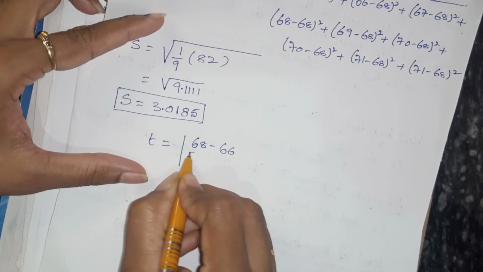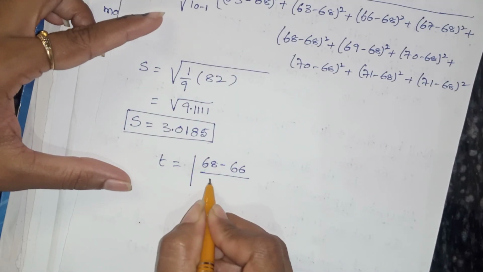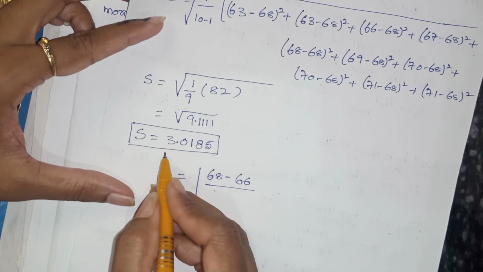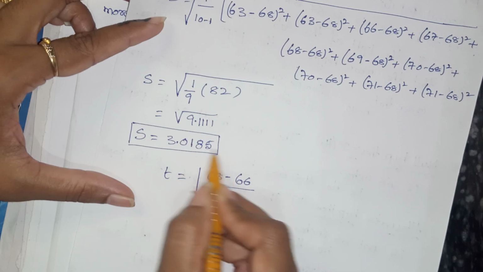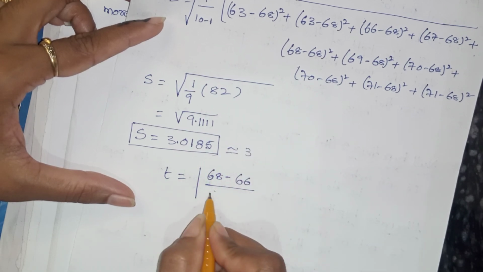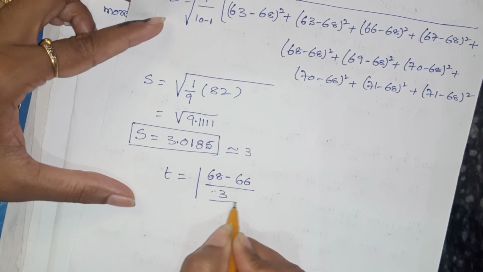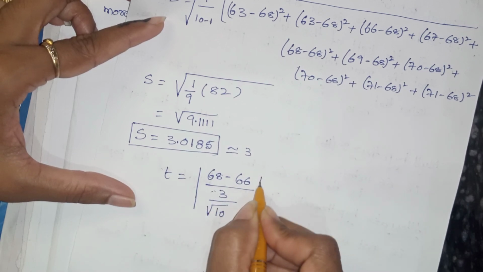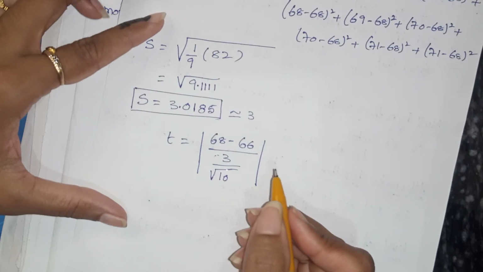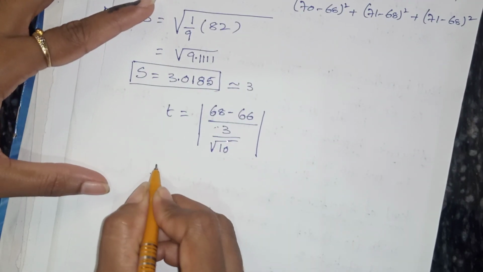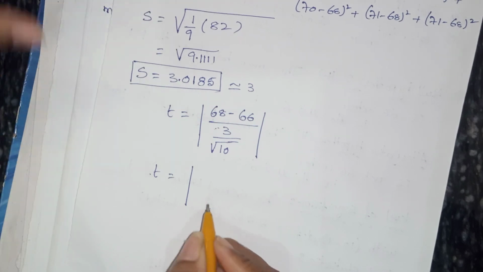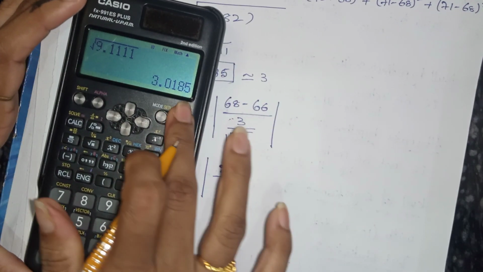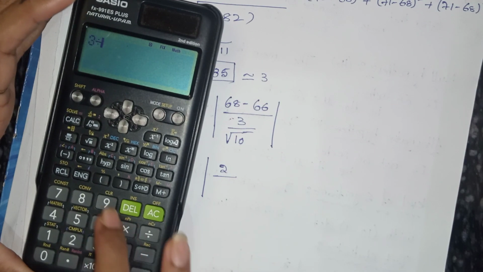So 66 by s, in the sense what? 3. 3 we can write, or else 3.0185 you can write, or else this is similarly equal to 3 we can write. So 3 by root n. What is root n in the sense? 10. So t equals to, we'll say 68 minus 66 is nothing but 2, by 3 divided by root 10.